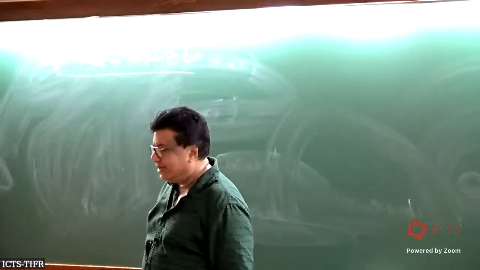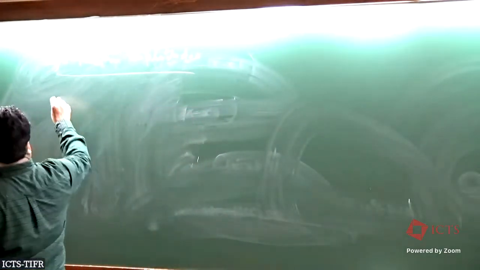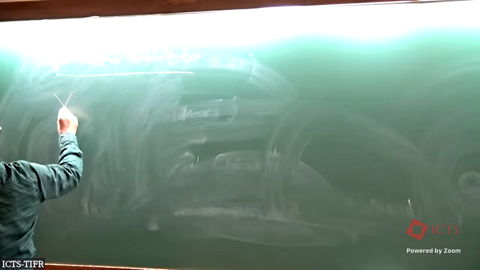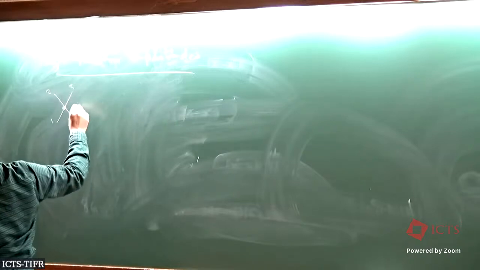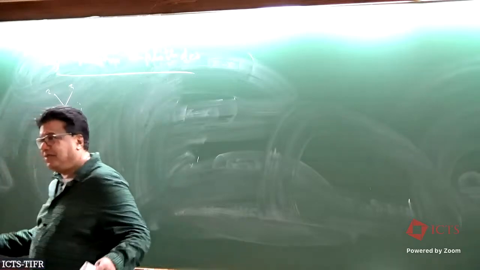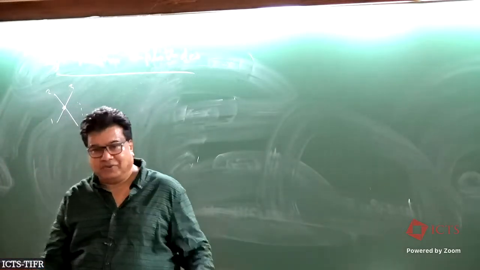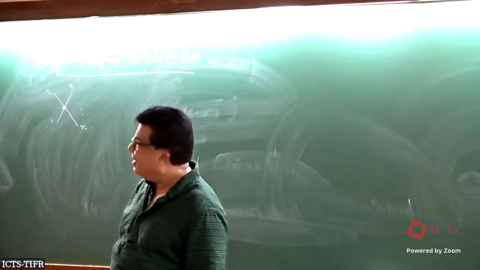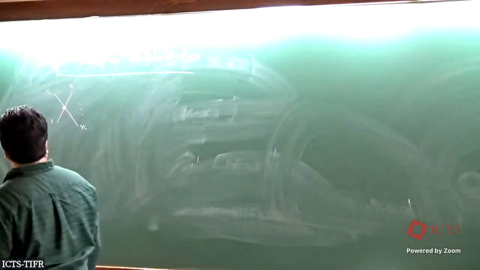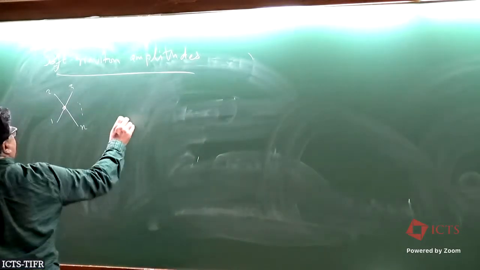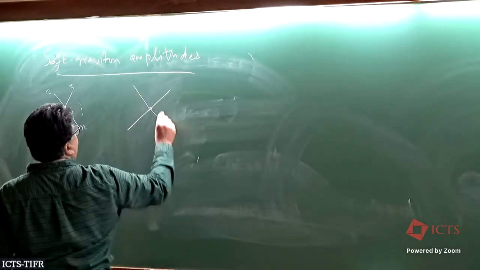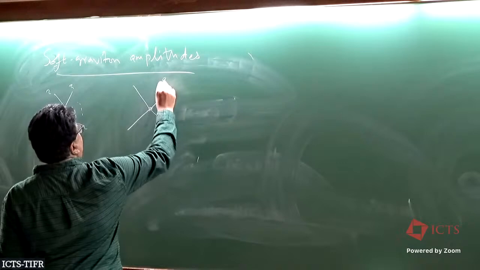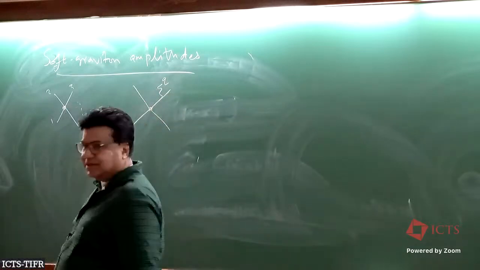So the problem is that supposing you have a scattering which has taken place, so there are n particles, 1, 2, 3, up to n particles are there in the scattering, if you include both in and out legs. And then you have an event where you have a graviton emission from any of these legs.